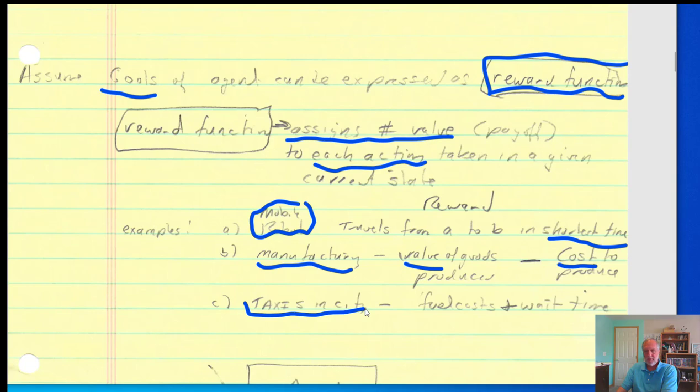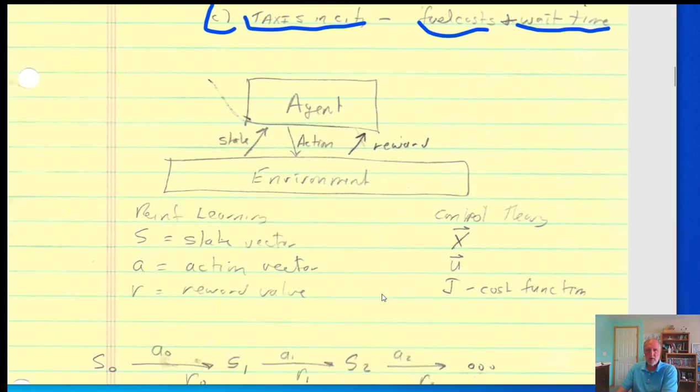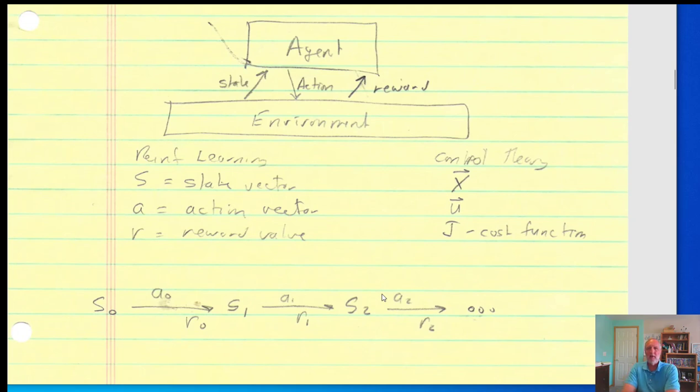Taxis in a city, so you'd have the reward attached to fuel costs and maybe the wait time of the passengers. So the key, again, to all of this is making the reward structure work. By the way, we're going to go through a lot of just theory and definitions. You'll really see how this works in the lecture that follows this, where I do a really simple example of an agent in a grid world. We'll calculate values and go through the example.